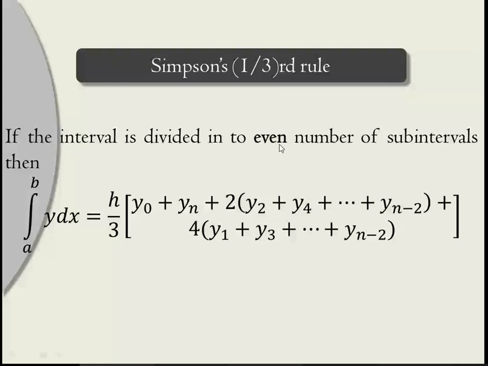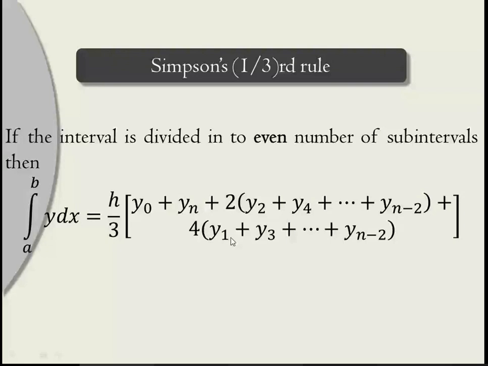Then divide a to b into an even number of subintervals. Then at each value of x0 to xn, find the value of y, that is y0 to yn. Then h by 3 into y0 plus yn plus 2 times all even values of y, that is y2, y4 up to yn minus 2, plus 4 times all odd values of y, y1, y3 dot dot dot yn minus 1.